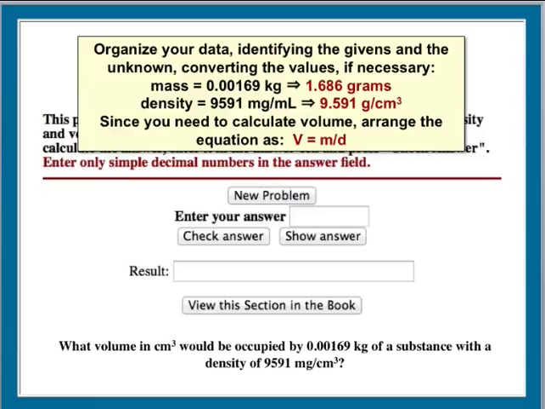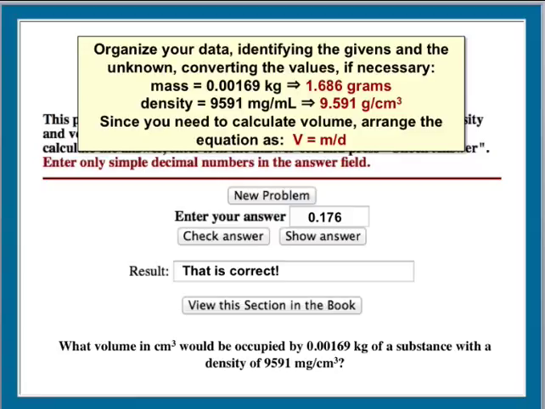Our density down here for some reason was given in milligrams. That's 1,000 milligrams in every gram. So that's the same as 9.5 for our density number. All we have to do is rearrange our equation. Volume is mass divided by density. And we got it right.